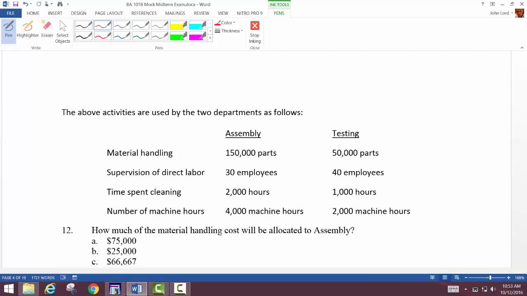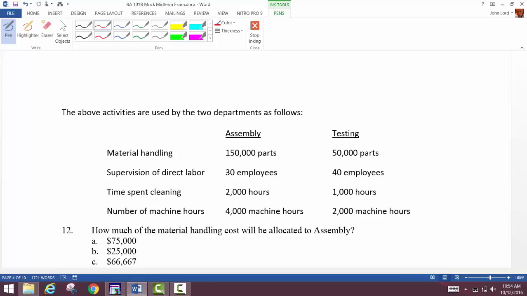So you have to practice grinding through it so that by the time you're in here, you're like, oh, I've done this before. If you don't do that, you don't want that.